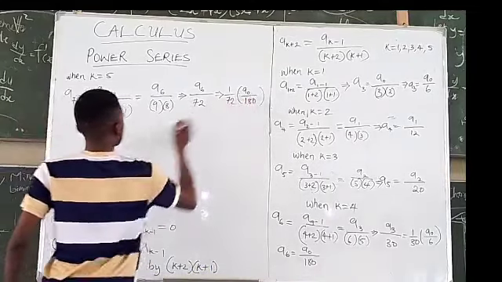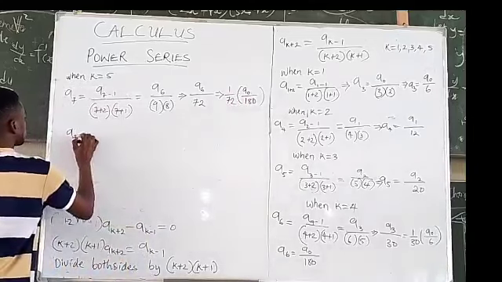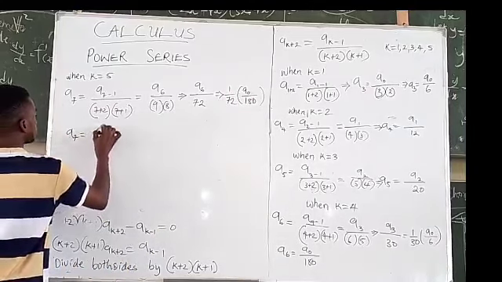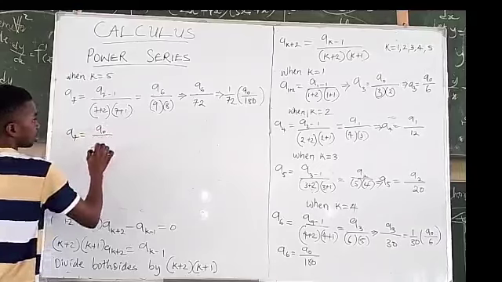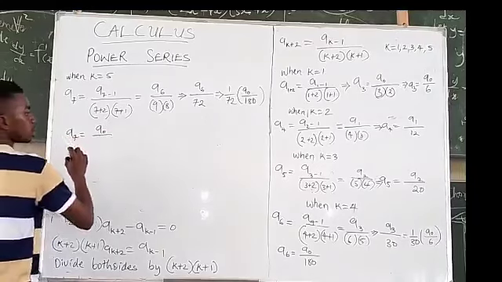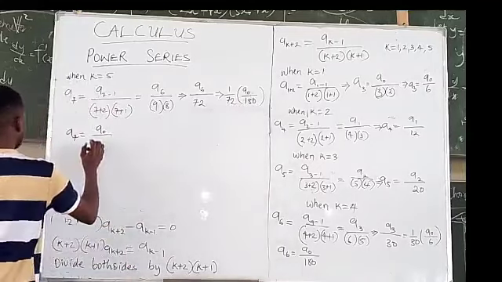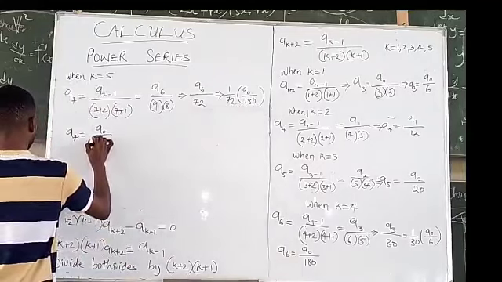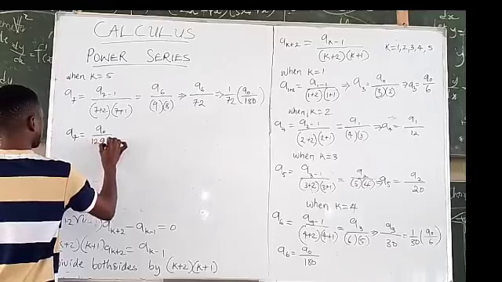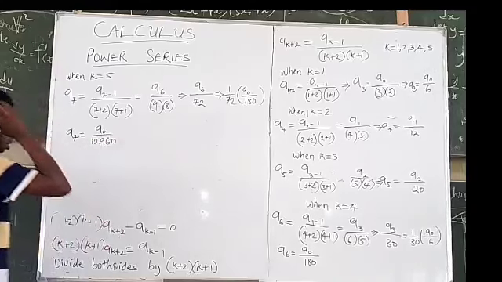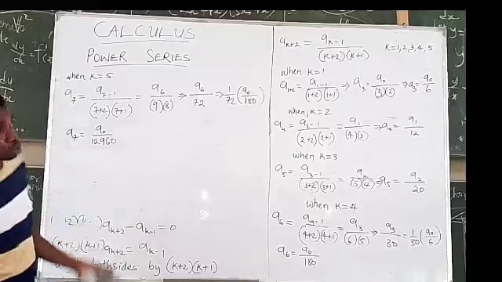So A naught times 1, our A7 will become A naught all over 72 times 180. We get 12,960.